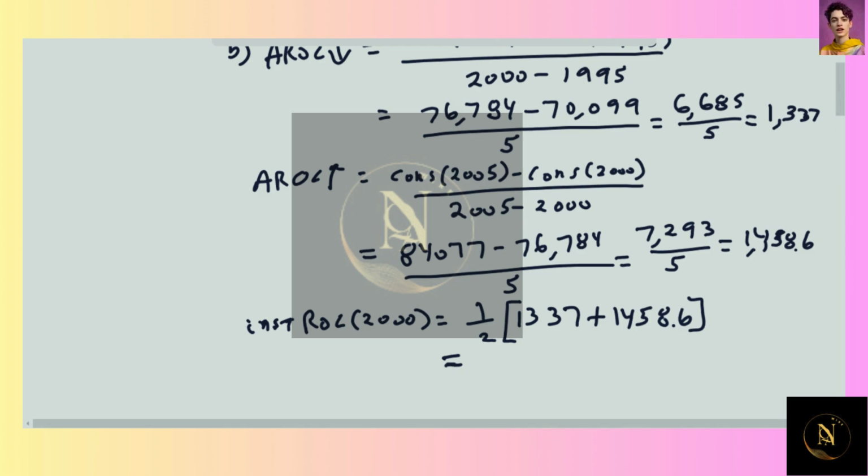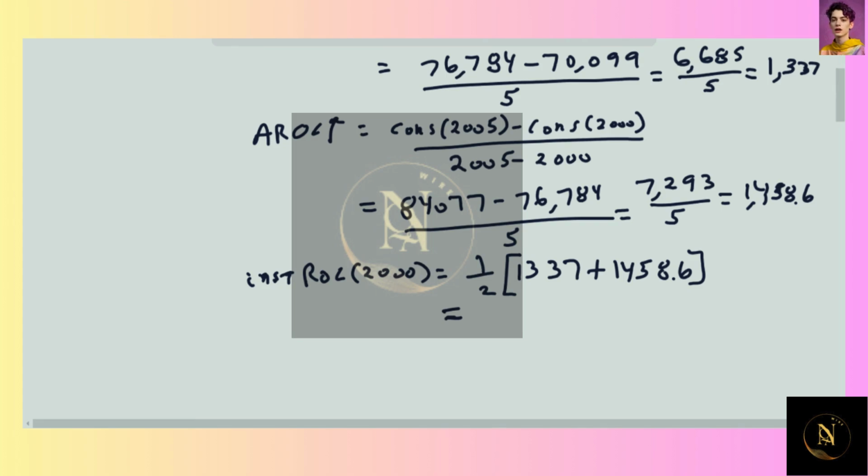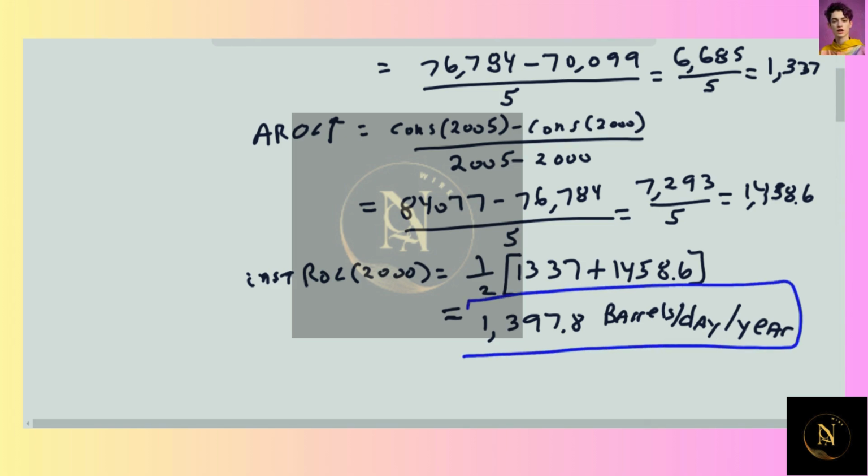Okay, and so when I do that, I get 1,397.8 barrels per day per year. And so there is the instantaneous rate using the average of two average rates of change. And it has the units on it as well.